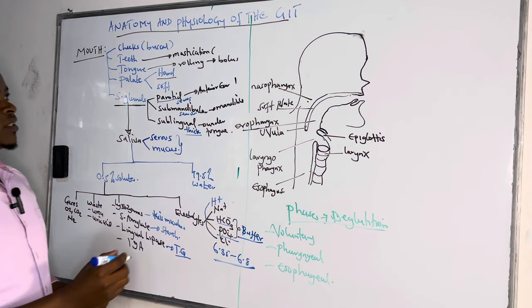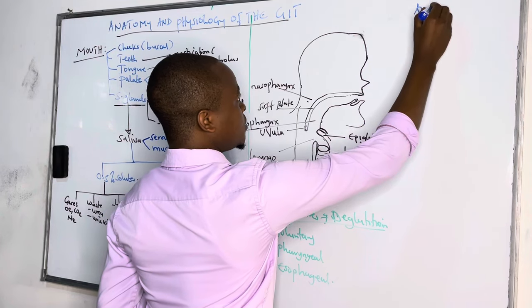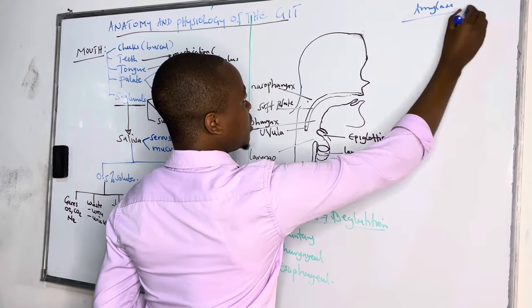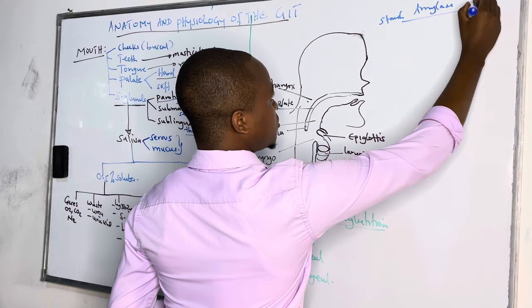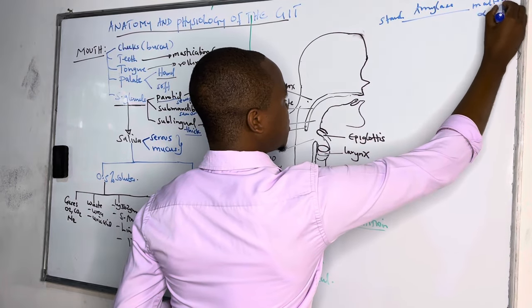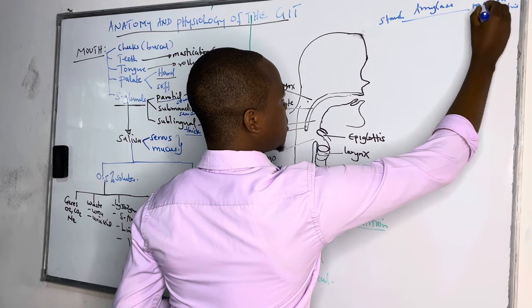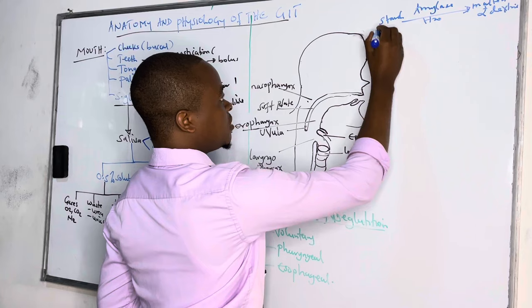So we are seeing the action of two enzymes, that is amylase, doing the role of hydrolyzing starch to maltose and alpha dextrin. This is a hydrolysis reaction.